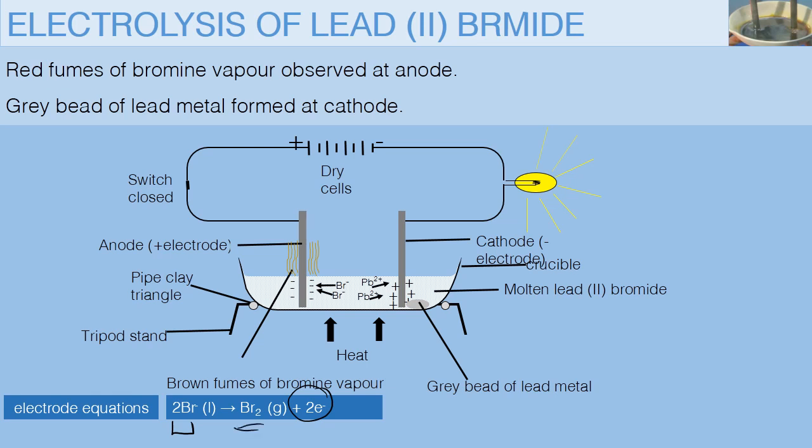Similarly, lead ions gain 2 electrons to form lead metal. This lead metal is the gray bead, while these bromine molecules are the brown vapor.